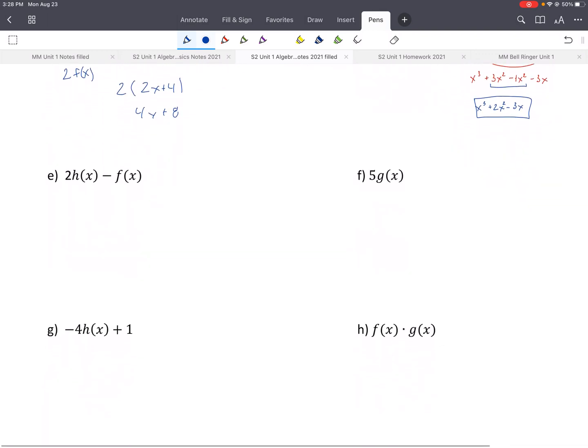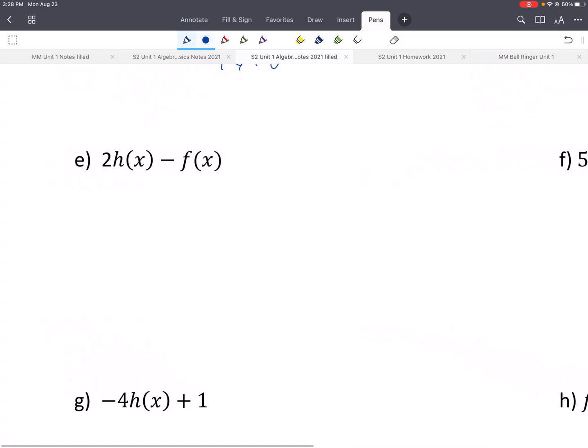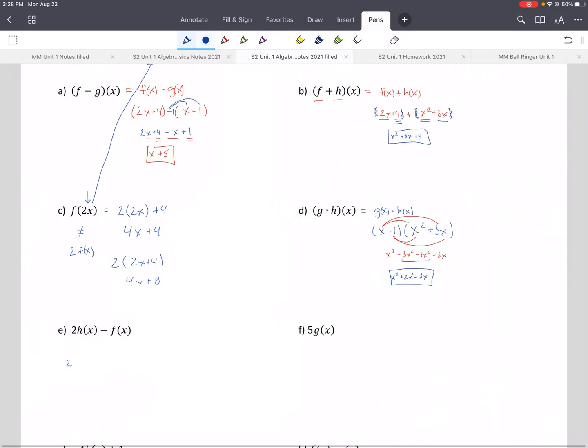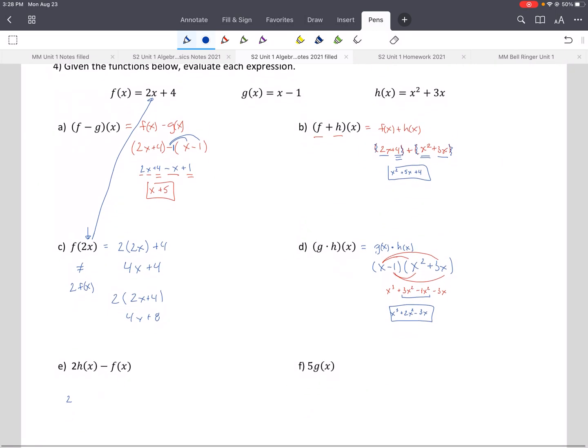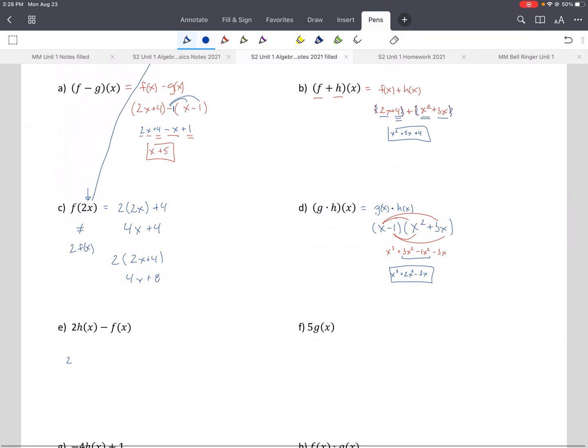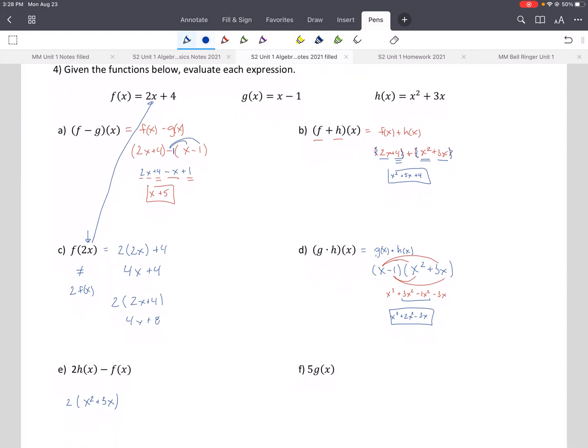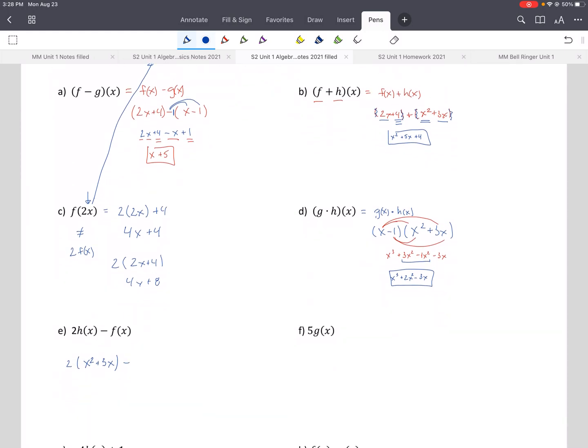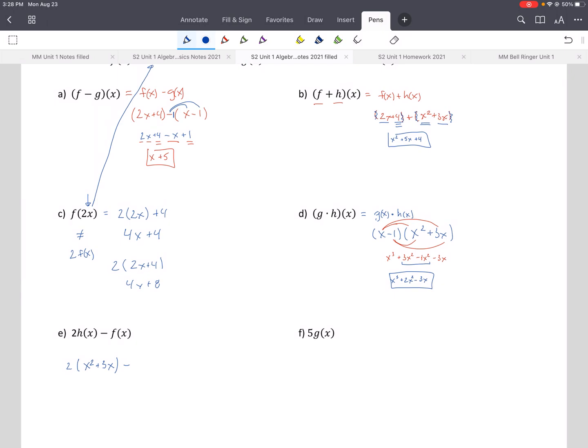Okay, here's another example. We're doing 2 times h of x, and what's h of x again? X squared plus 3x. So x squared plus 3x, right? Yes, and then we're going to subtract f of x, which is 2x plus 4.